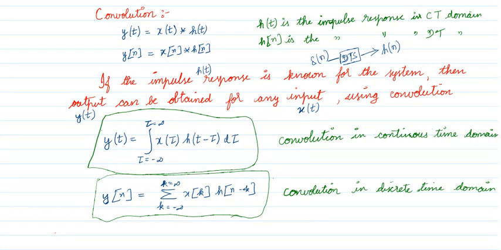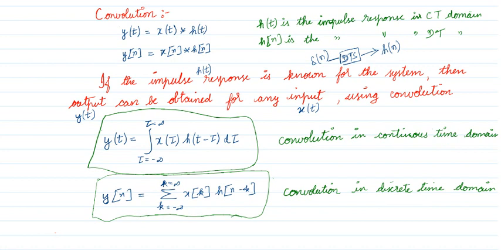In continuous time domain, this is the convolution operation. In discrete time domain, this is the convolution operation. Note that in continuous time domain, we will be using integration. In discrete time domain, instead of integration, we will use the symbol summation, because discrete can be only summed up. We cannot integrate.